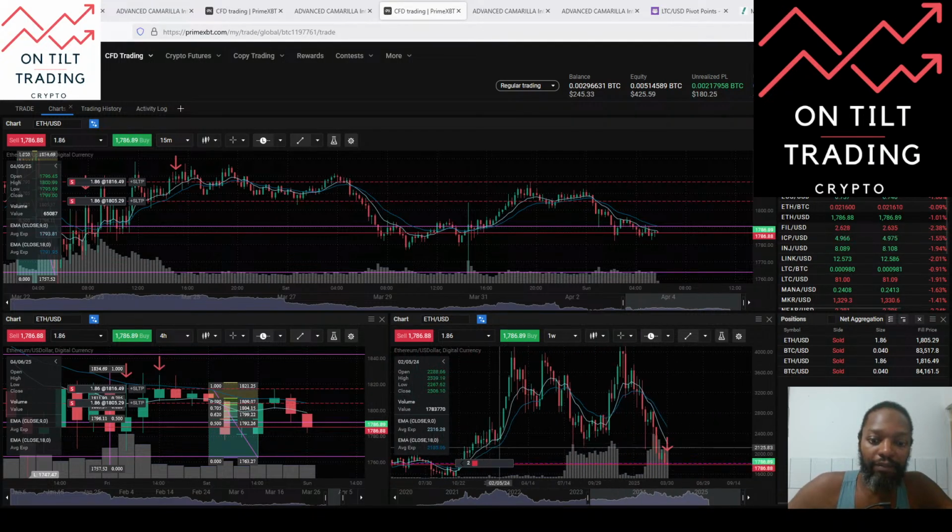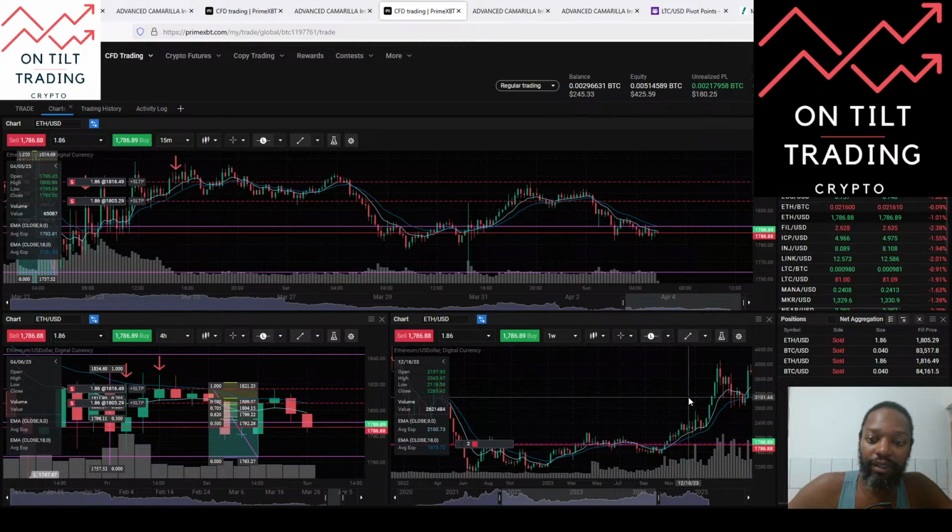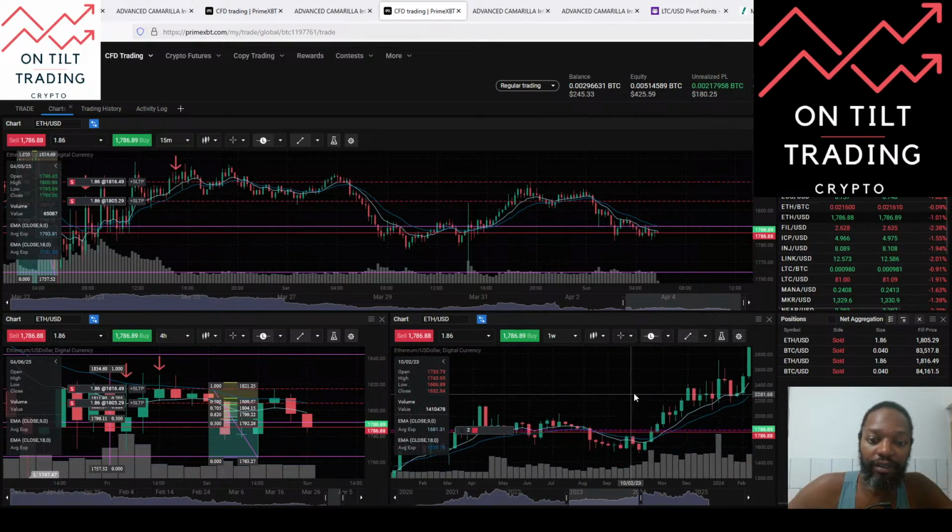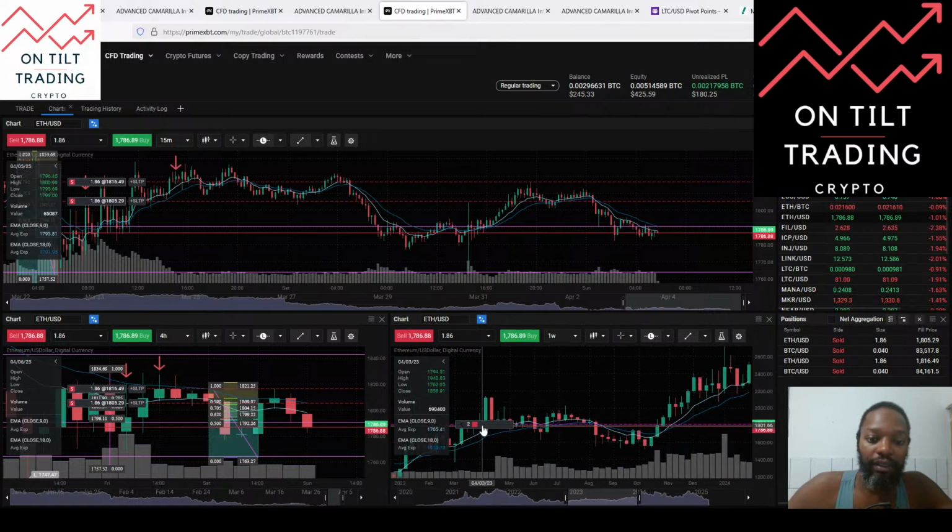and we have to go back a bit to get perspective on profit target. We have to go back quite a few weeks, but my profit target is a test of the low of this weekly candle, quite a ways back here.